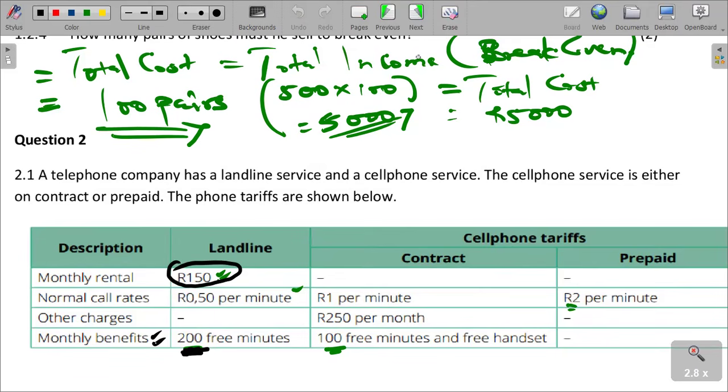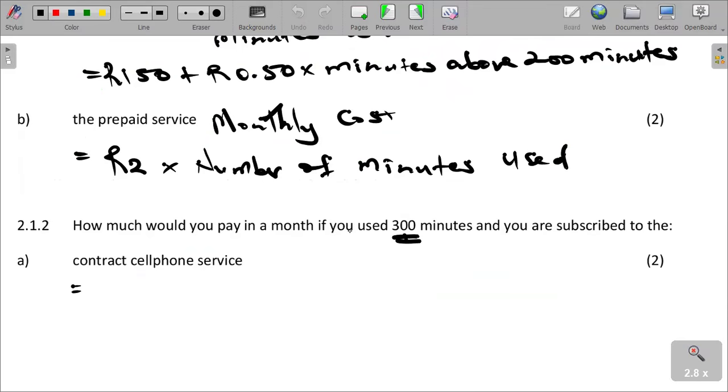That is already given there. So 250 rand plus the cost per minute, which is for the 300 minutes used.